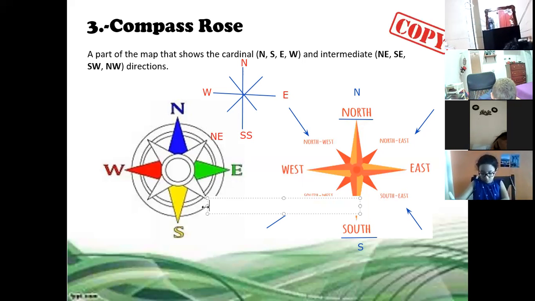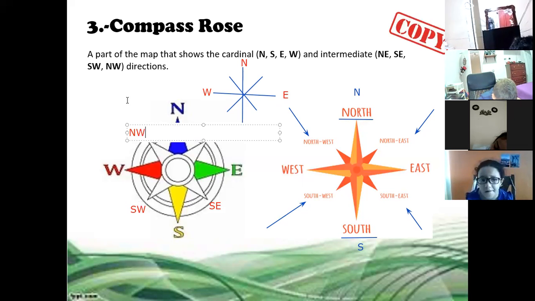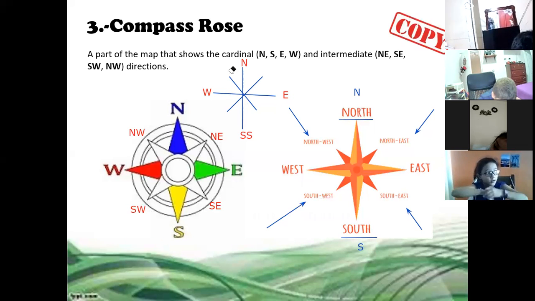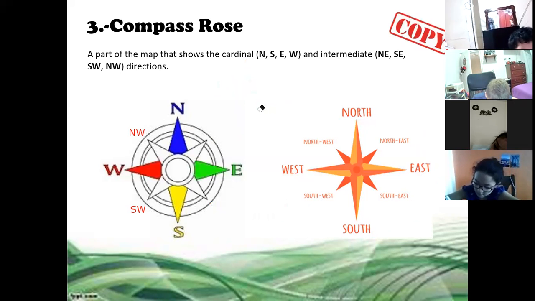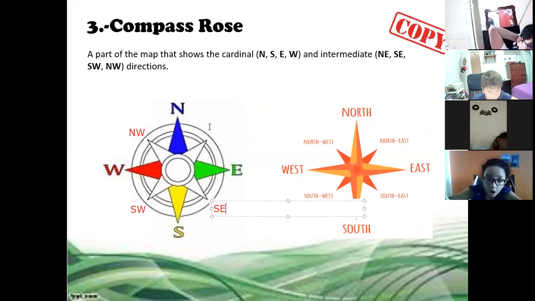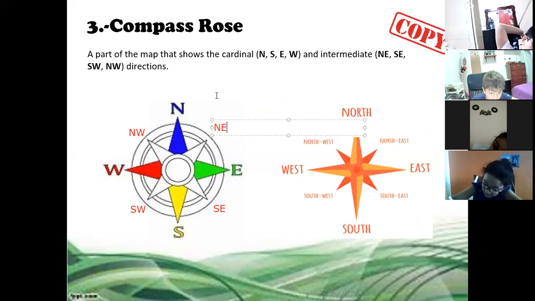Here, southeast. Here, southwest. And here, northwest. You can draw the first one or the second one. But you can do it like this, as simple as the examples I have here. But what I want is a compass rose with all the directions, please. So here is southeast and here is northeast.